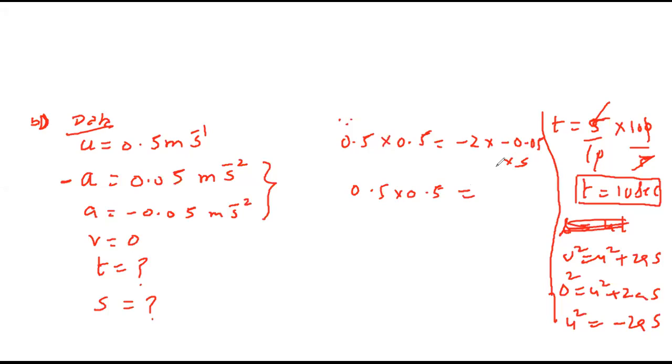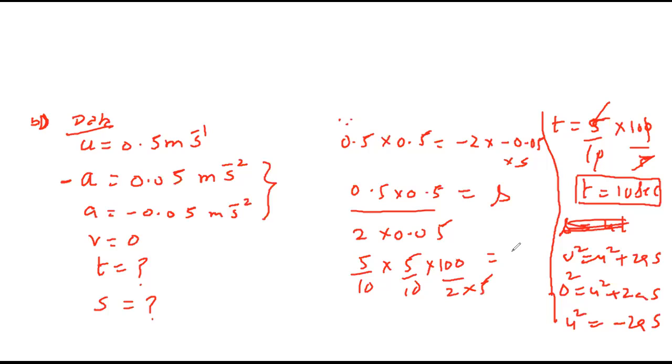Minus minus will become plus, 2 into 0.05 is the total distance covered. So I'm removing decimals to make my calculation easy. From the numerator 1 decimal removed, denominator 10. And here numerator will be 100 upon 2 into 5 equal to s. 1, 2, 1, 2 cancel, 5, 5 cancel. 2.5 is s. s is 2.5.